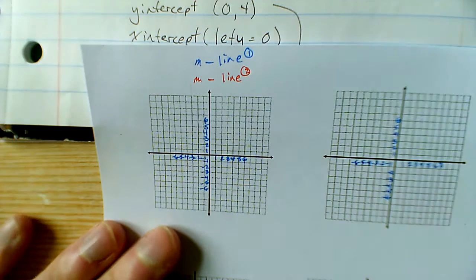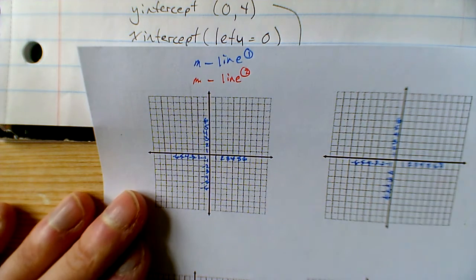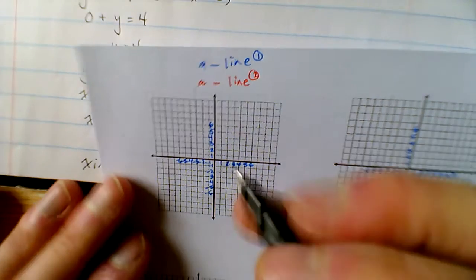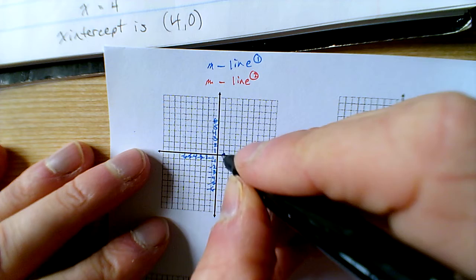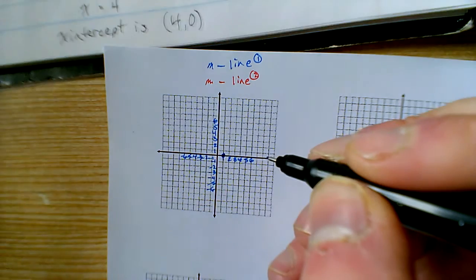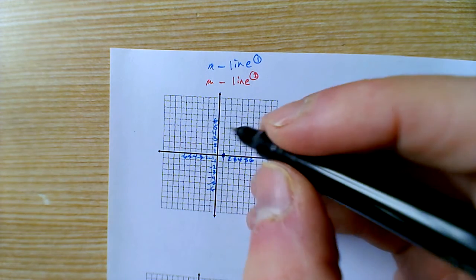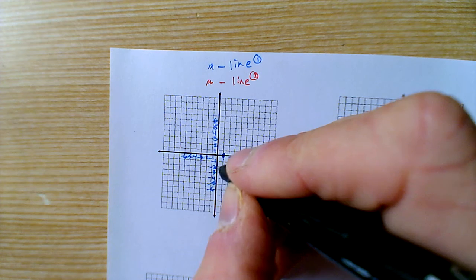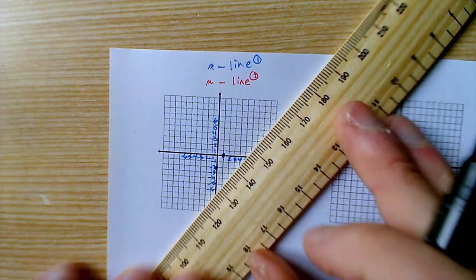So we had our x-intercept being 1, 0. So that's 1, 0 is right here. So there's my first point. And then my second point is, I believe, 0, -2. So that's right here. So there's my line that I'm going to draw. And as soon as you have 2 points, you may draw a line.